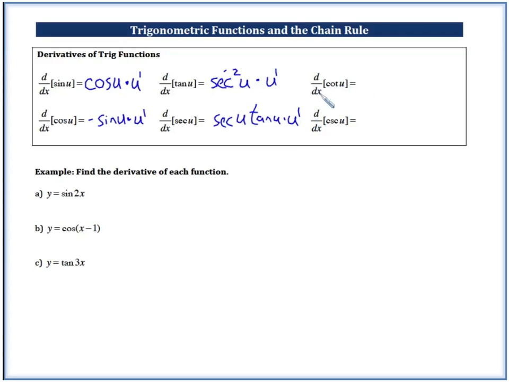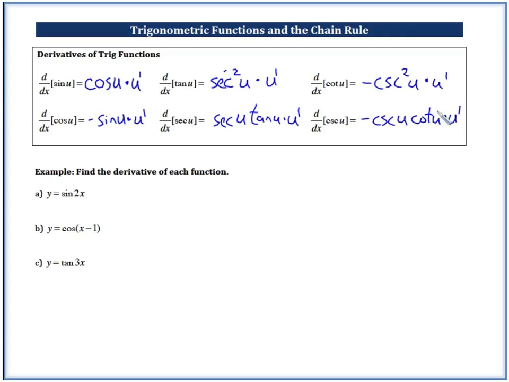For the derivative with respect to x of cotangent u, it's going to be negative cosecant squared u times u prime. And for the derivative with respect to x of cosecant u, it's going to be negative cosecant u cotangent u times, you guessed it, u prime.